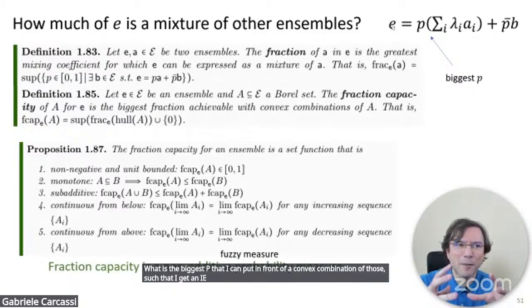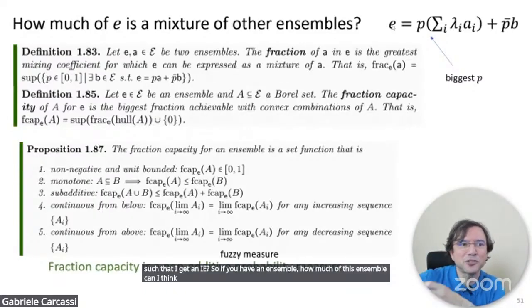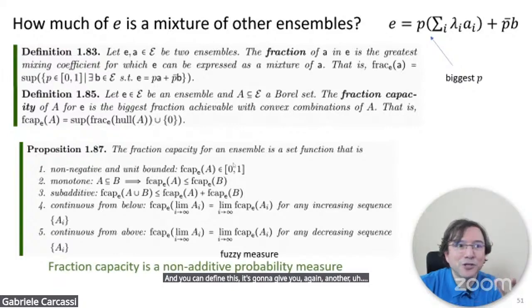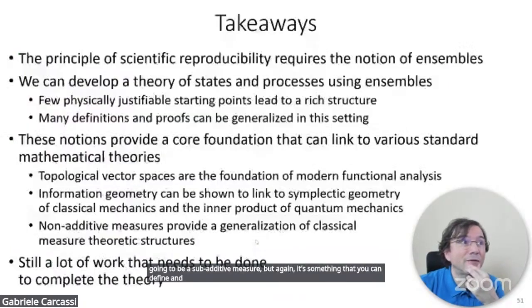So how much of this ensemble can I think of as made of mixtures of all these other preparations? You can define this. It's going to give you another measure, but it's not going to be an additive measure. It's not going to be a subadditive measure either, but again, it's something that you can define and study in general.